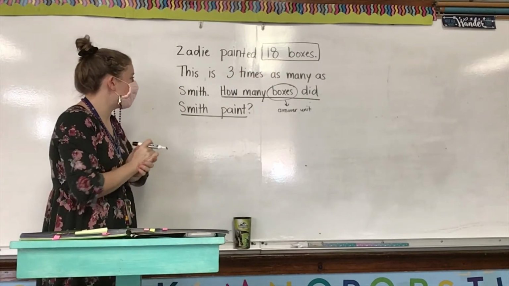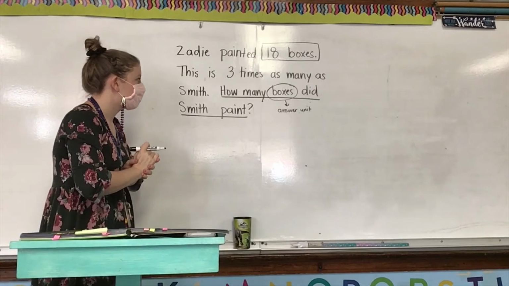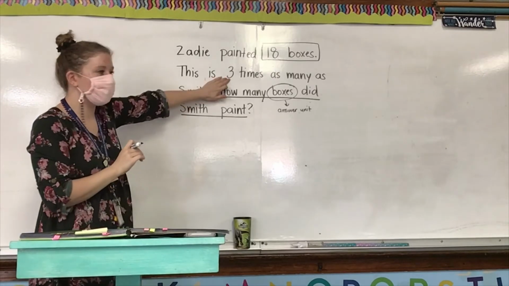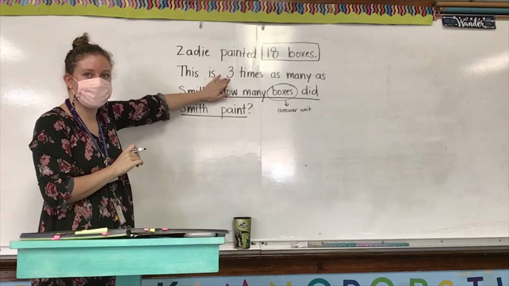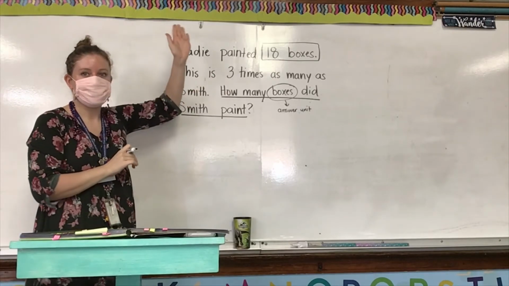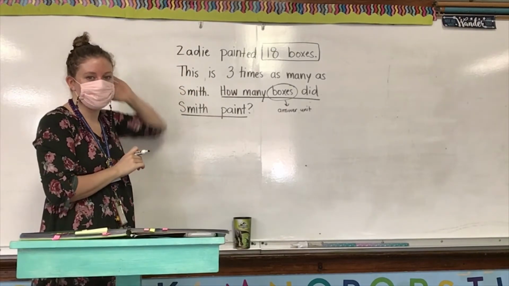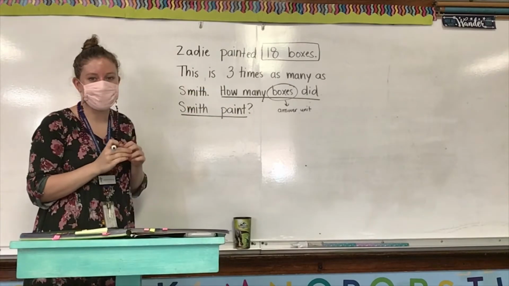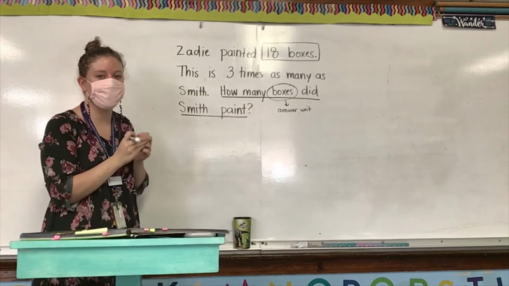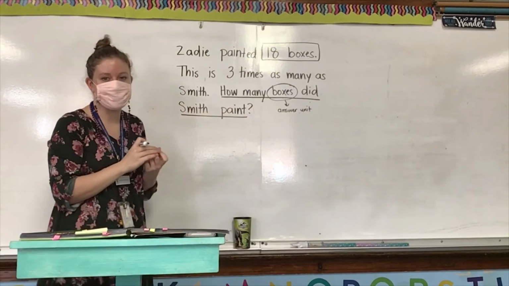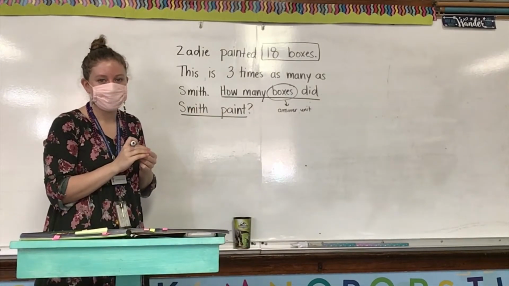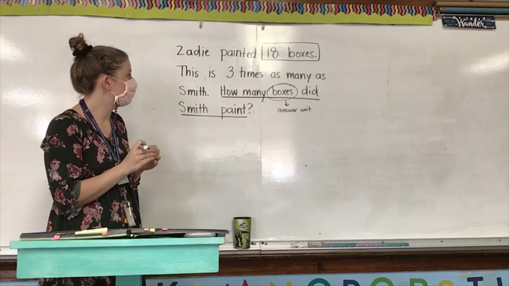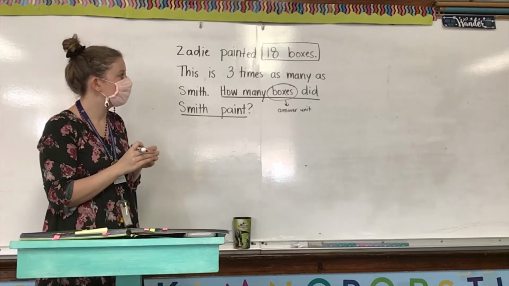This is 3 times as many as Smith. I have a number, but do I have any object in this sentence? Carla? No. But what words tell me this number's important? This is.